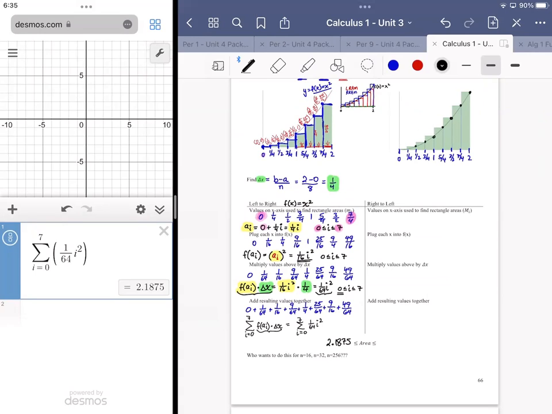But eventually we're going to stop at 1/4 because that gives us the last remaining height. So we have this rectangle, this one, if I can get it to look rectangular, and so on. So all of these rectangles contribute to finding the area for the right rectangular approximation.